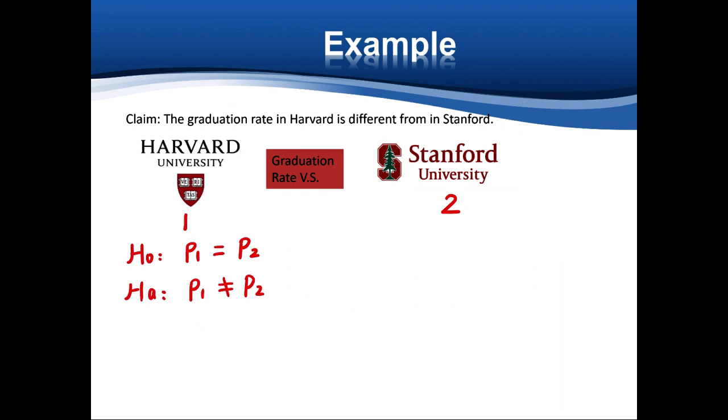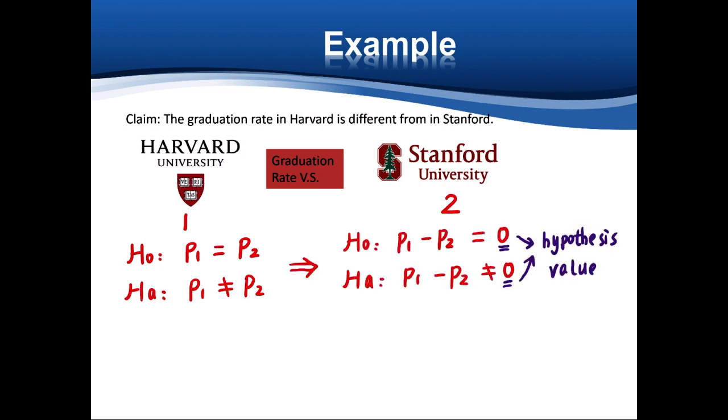One more claim, that the graduation rate in Harvard is different from in Stanford. We consider the first mentioned Harvard as 1 and second mentioned Stanford as 2. In this claim, it is a hypothesis about the rate, proportion, so it is P. In HA, P1 is not equal to P2, which is the claim.